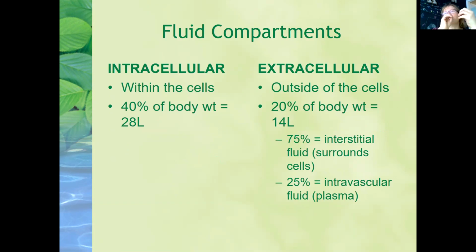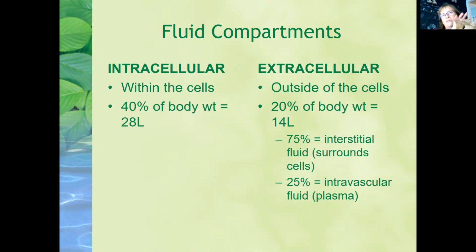And remember, fluid can shift within the cell to outside of the cell, depending on a whole bunch of things that have impact on our fluid status and our electrolyte status in particular. But under optimal conditions, 40% of our body weight is intracellular, and that's 28 liters or so. And another 20% of our body weight, or 14 liters, is extracellular. So that's outside of the cells.